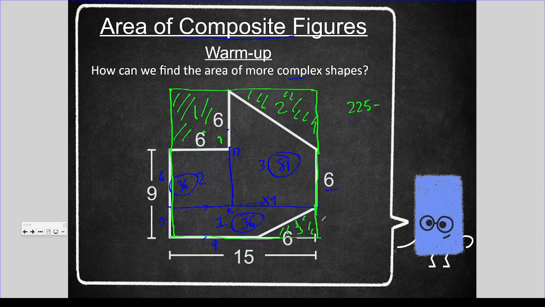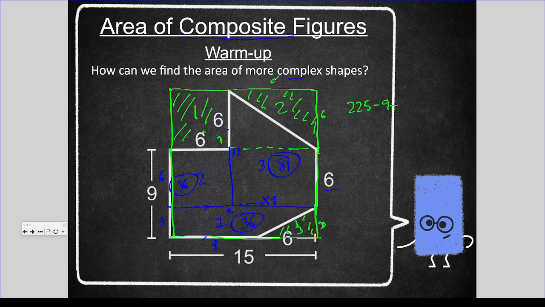So down here, again, we're going to have to assume that this lines up, I think. I don't think there's any way to know that this 6 is actually aligned. So this is going to be 3 and 6. So I have a triangle with a base of 6 and a height of 3. That has an area of 9. Then I have shape 3. I don't know why I started there. Shape 2 has a height of 3 and a base of 9.